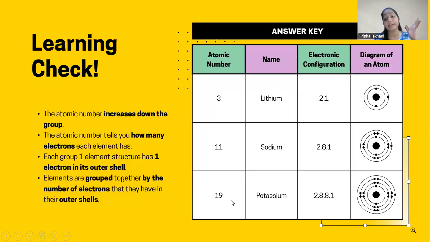Potassium, 19. So, it will be 2 plus 8 plus 8. That makes up 18. 2 plus 8 is 10, 10 plus 8 is 18. One more is left. So, we'll add one more electron here. That will be 19. Did you understand lithium, sodium, potassium? Okay.